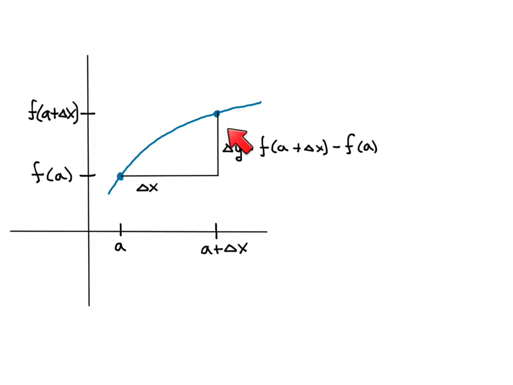I'm going to call this difference, this rise, my delta y. So delta y is just the difference between f at a plus delta x minus f at a. Notice this looks suspiciously like our derivative formula, when we were doing limits of the derivative where delta x goes to 0. What I'm going to do now is overlay my tangent line, and that's in green this time.